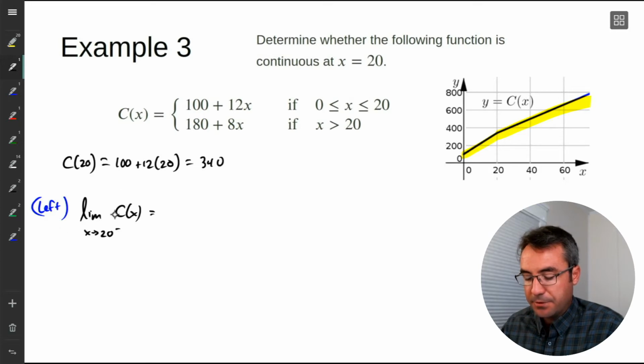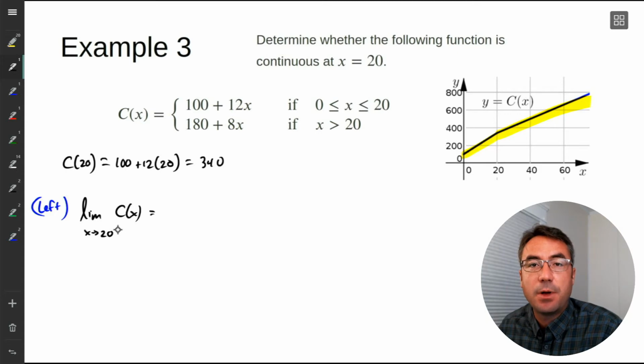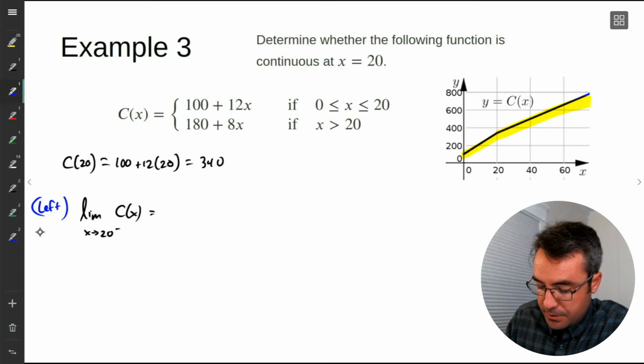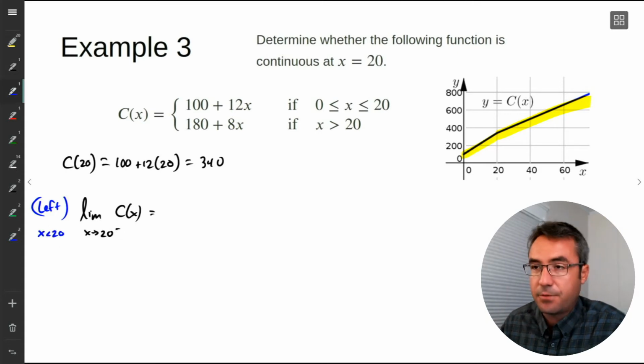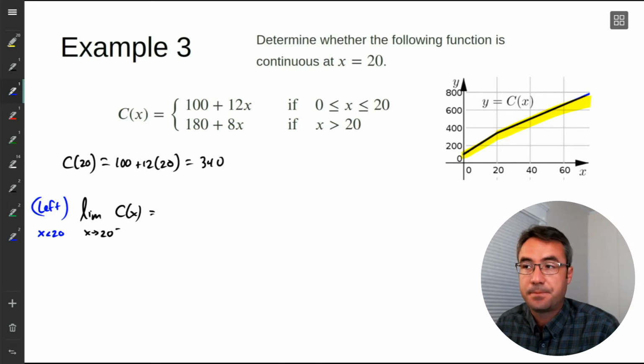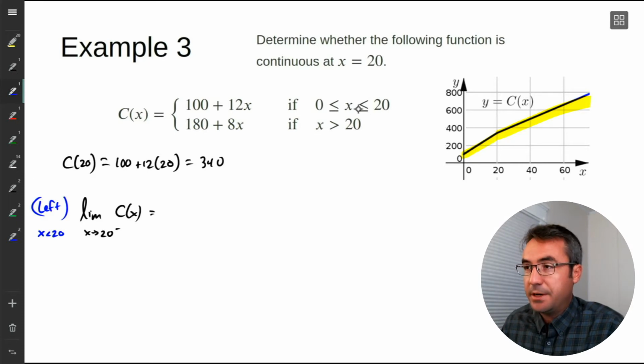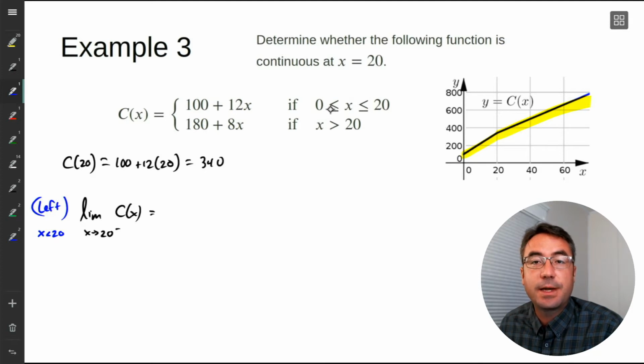If we're talking about the left-hand limit, x is approaching 20, but with values that are slightly smaller than 20. So x is less than 20 for our left-hand limit. We go to the inequalities here and figure out which one takes into account values of x less than 20, and we see it's this top piece. x could be less than 20, or x could be equal to 20.